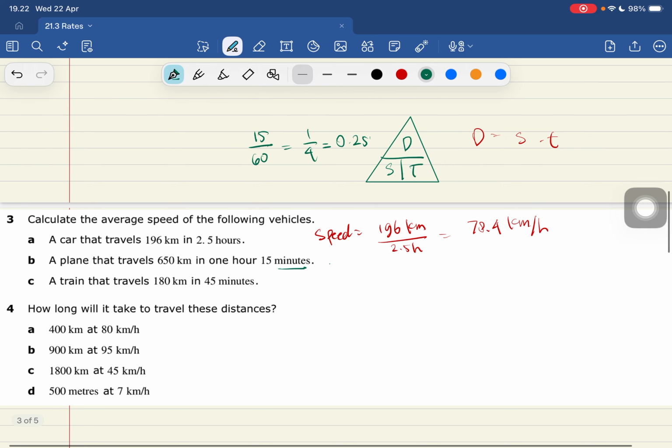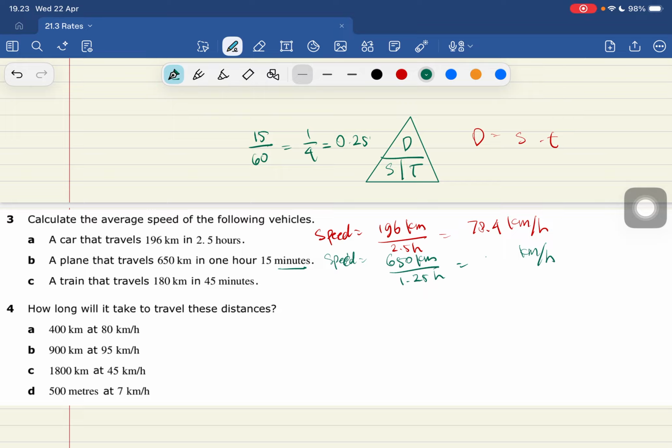So the speed is 650 kilometers divided by 1.25 hours. So the unit is kilometers per hour. 650 divided by 1.25 is 520 kilometers per hour. Yeah, quite fast.